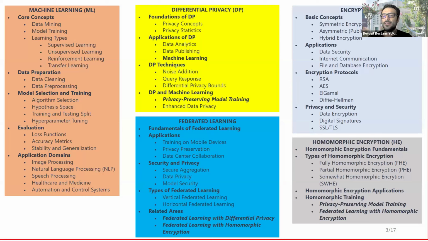Federated learning combines machine learning with privacy-preserving techniques, and homomorphic encryption further extends privacy-preserving capabilities in machine learning and data processing. And these topics are interconnected and often used together to provide data privacy, security, and accurate model training in various applications.